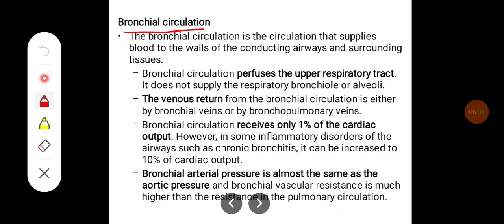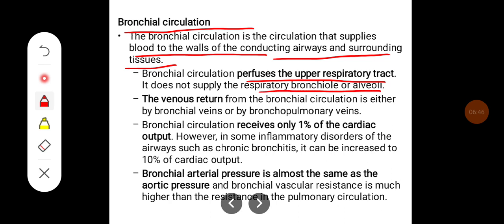Coming to the bronchial circulation, it is the circulation that supplies blood to the walls of conducting airways and surrounding tissue. Bronchial circulation perfuses the upper respiratory tract. It does not supply the respiratory bronchiole or alveoli. The venous return from bronchial circulation is either by bronchial veins or by bronchopulmonary veins.